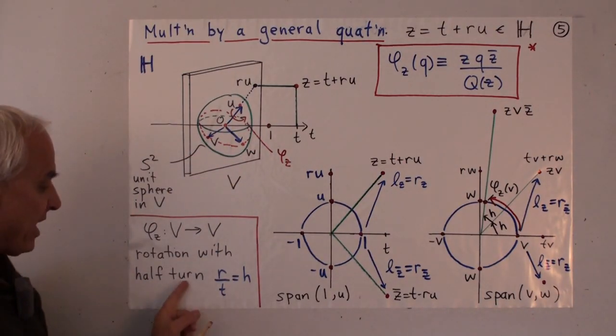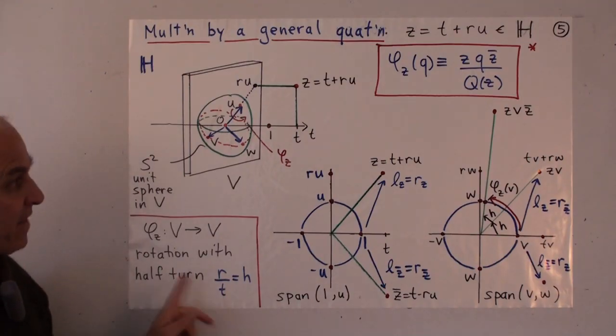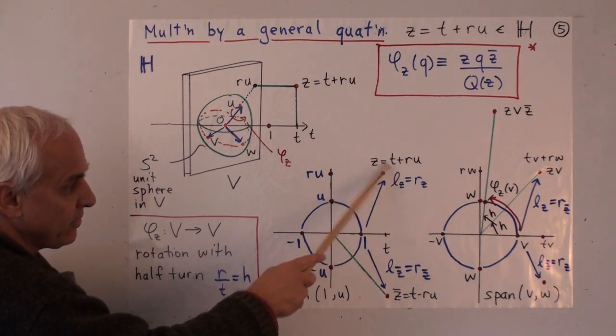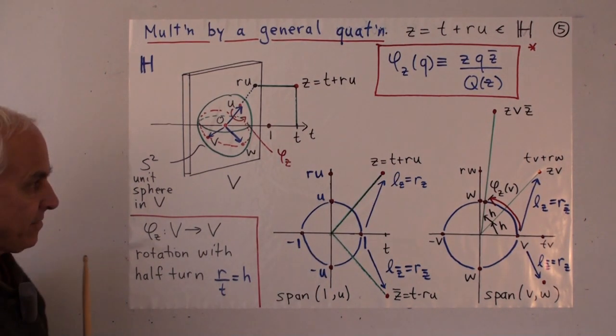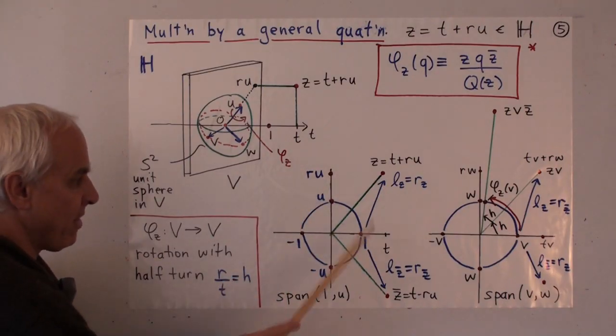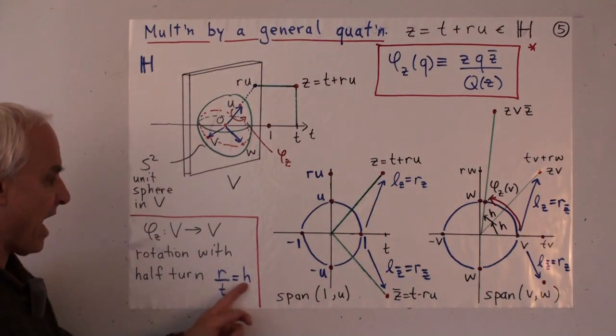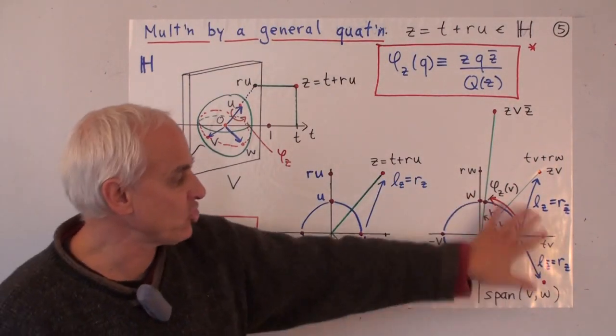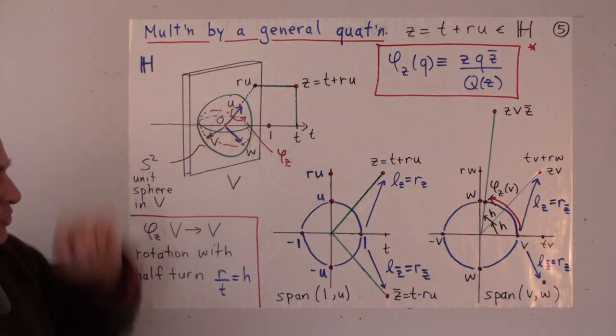It rotates by a half turn, and the half turn is exactly r over t, the ratio of the y component here to the x component, t. So the r multiple, the t multiple, the ratio r over t is the half turn. That's describing how much rotation we're getting in this transversal plane to u.